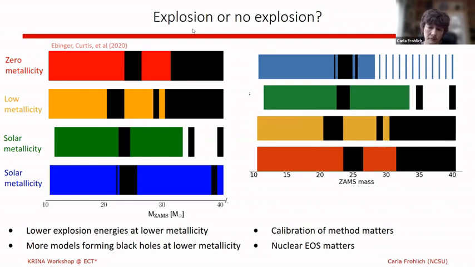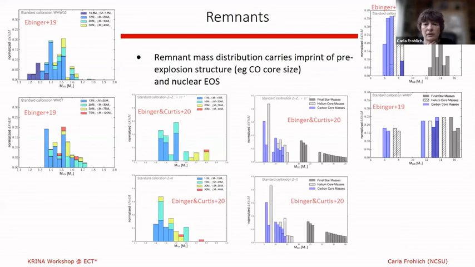But overall, we can conclude that at lower metallicities, we have lower explosion energies and generally form more black holes for the same distribution of initial masses. And based on the outcome of our simulations, we can then proceed to calculate and predict more observables. So the first multimessenger signal or observable are the remnants that are left behind.